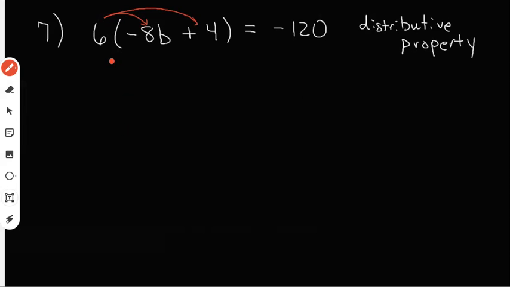Six times negative 8b is going to give me negative 48b. And 6 times 4 is going to give me 24. The right side is going to stay the same for now.